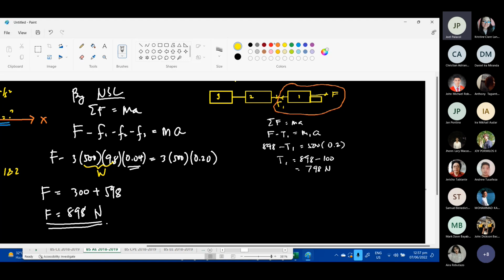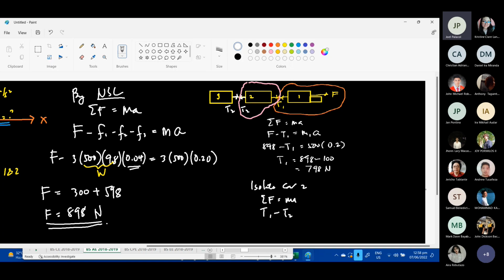This is car 3 and the tension is T2. So let us isolate this one. Applying Newton's second law to car 2, summation of forces equal to MA. To the right, it is T1 minus, to the left, T2.